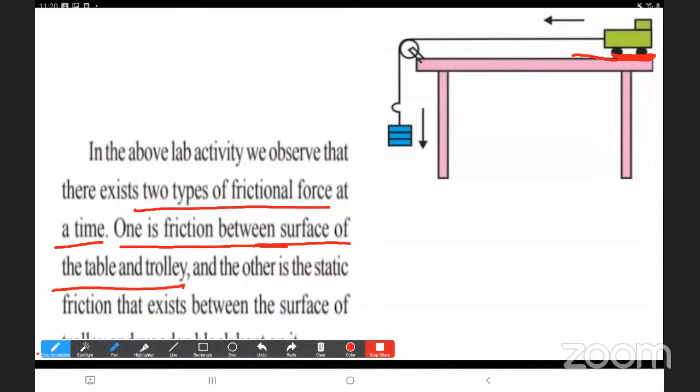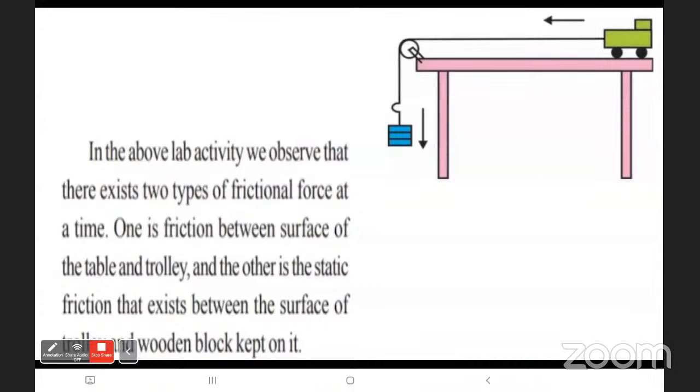And the other is static friction that exists between the surface of the trolley and the wooden block kept on it. So from this activity we observe these two types of frictional forces at a time.